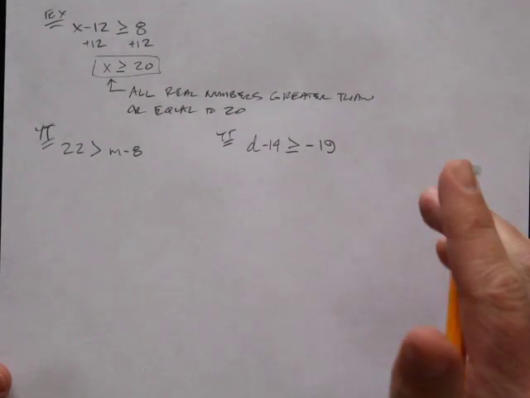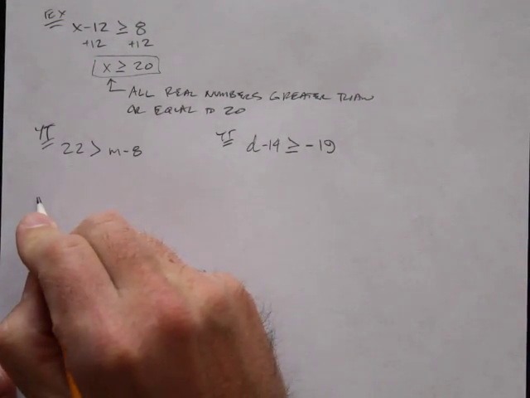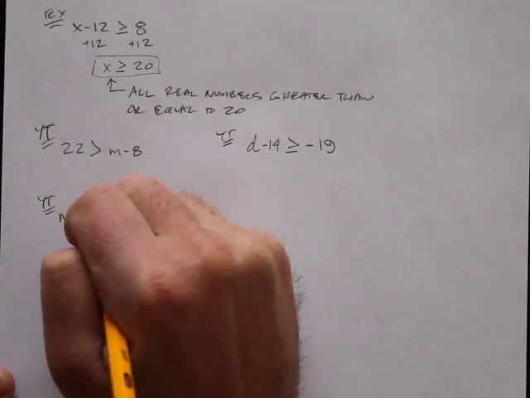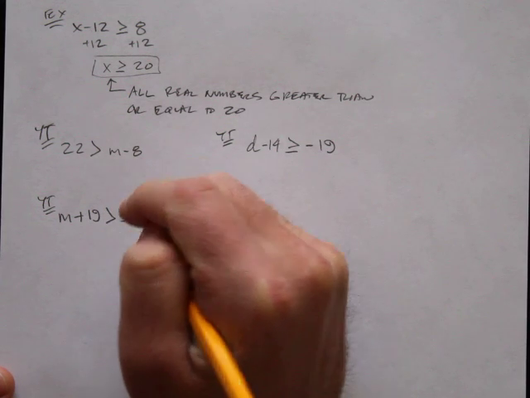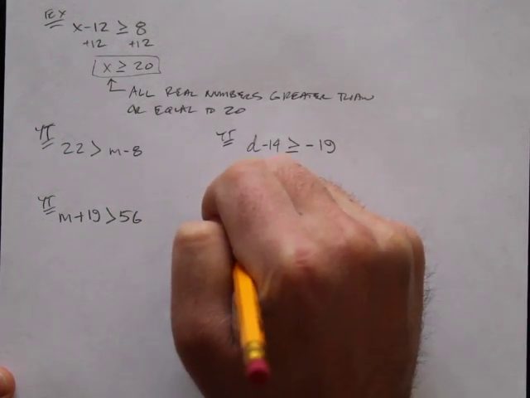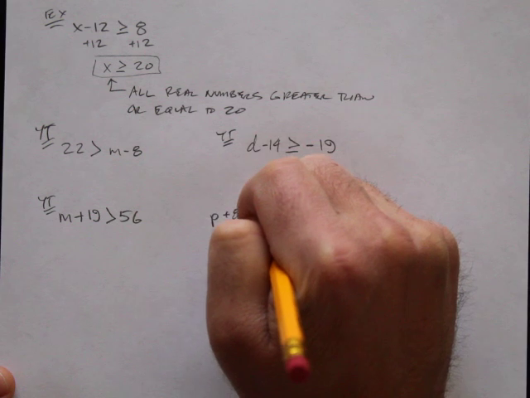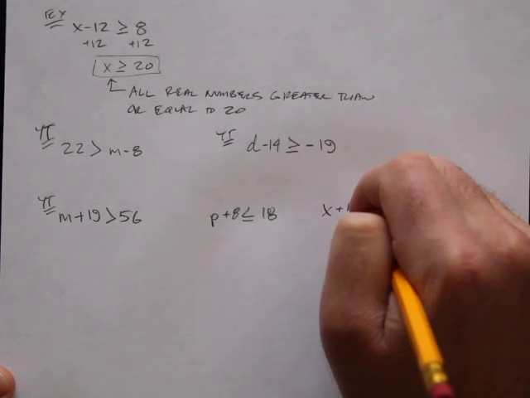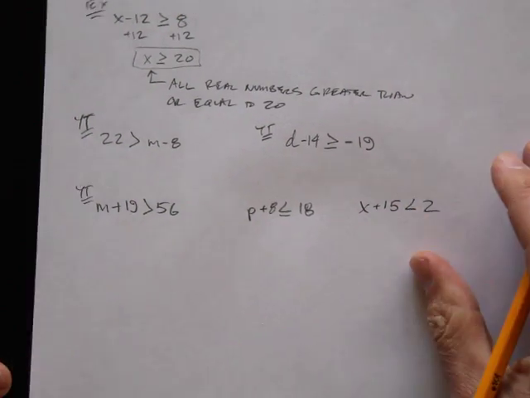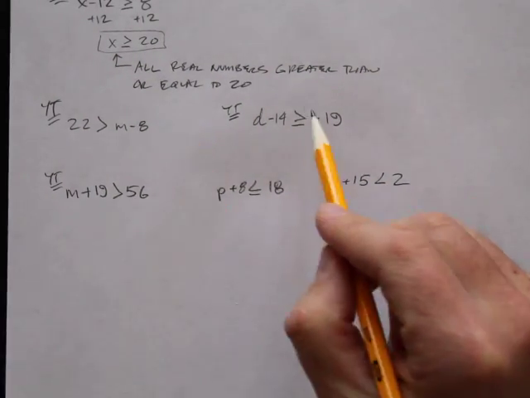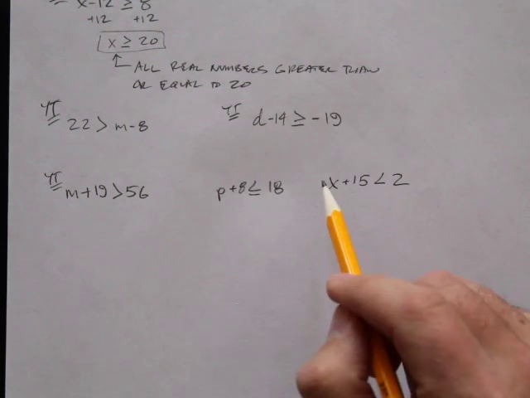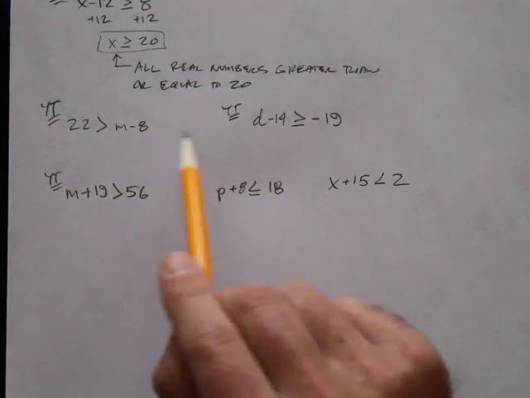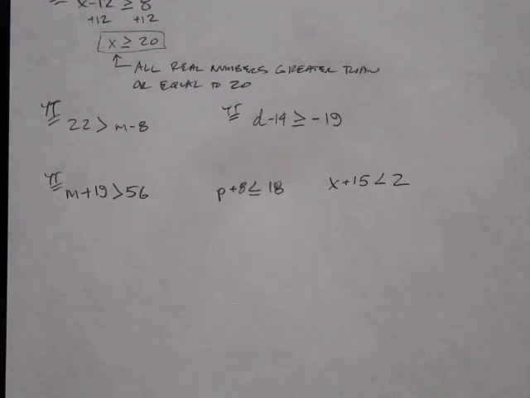I'm going to have you do a couple more. m plus 19 is greater than 56. p plus 8 is less than or equal to 18. x plus 15 is less than 2. Okay, so I want you to do all 5 of these on your own. We'll take some more notes. Go ahead and pause now and do these 5 inequalities. Go.